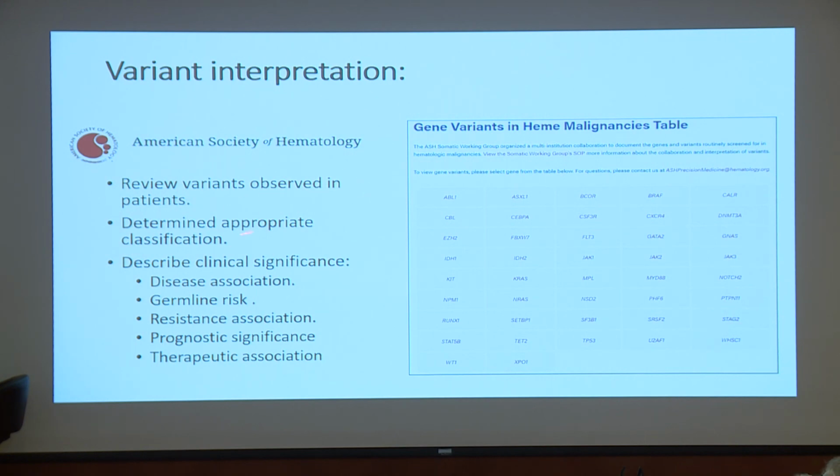They determined the appropriate classification, and they described the clinical significance for these common mutations that can be seen in myeloid neoplasms, giving the disease association, germline risk, prognostic significance, and therapeutic association also. And this work is already launched on the ASH website, and everybody can go and check this very beautiful work.